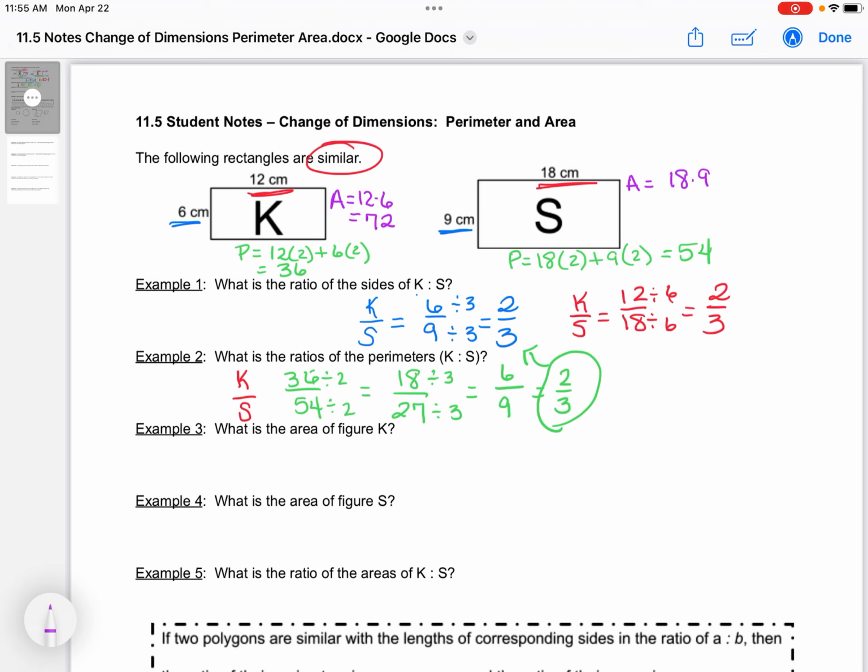Let's see if that's right. 12 times 6, 72. 18 times 9, 162. So let's do the ratio of the areas.